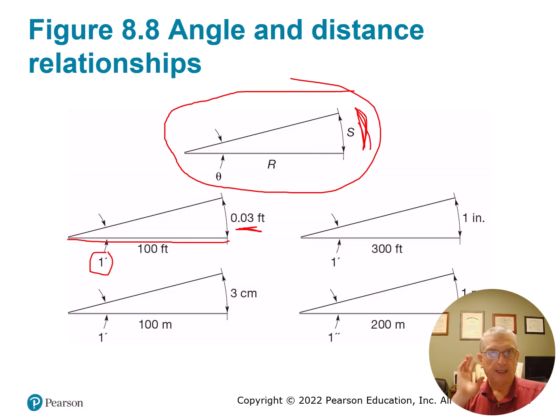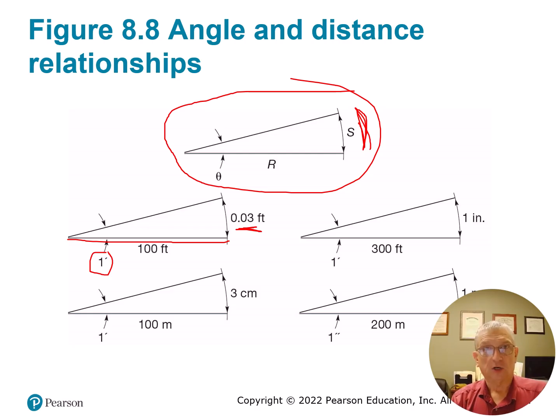In other words, if you backsight a point with 0 degrees, 0 minutes, 0 seconds, and then you turn a full minute so that it goes through 0, 1, 2, 3, up to 58, 59 seconds, and then it rolls to 1 minute, 0 seconds, you've backsighted a point 100 feet away. On that 100-foot target that you're looking at, the crosshairs have moved 3/100ths of a foot, which is about 3/8 of an inch. That is a full minute.